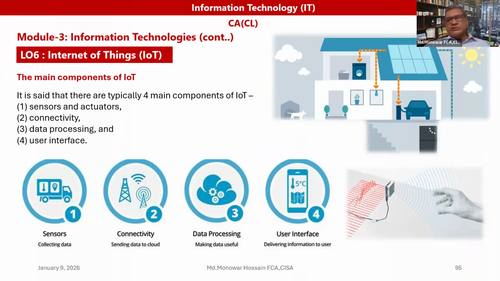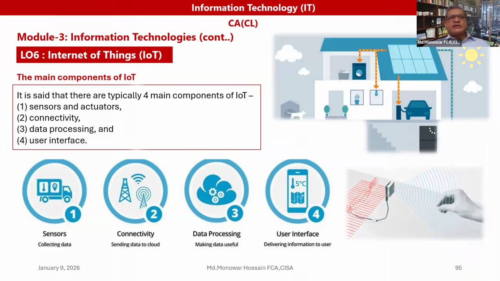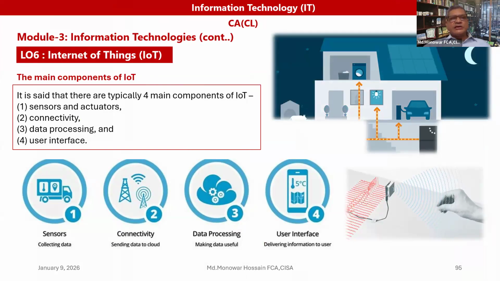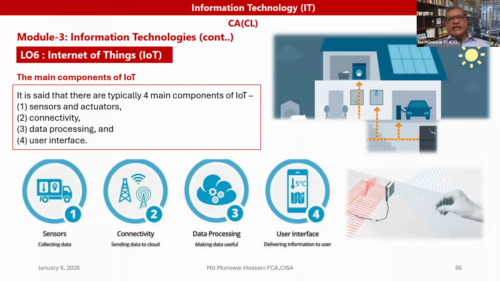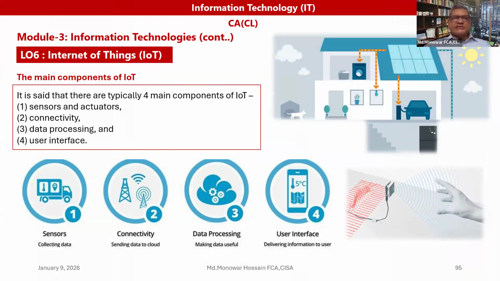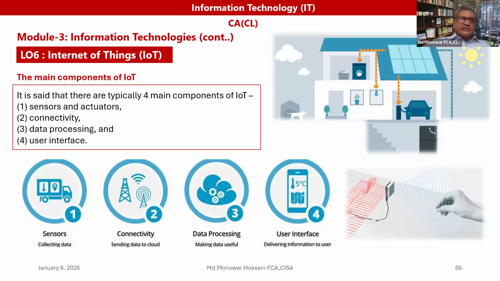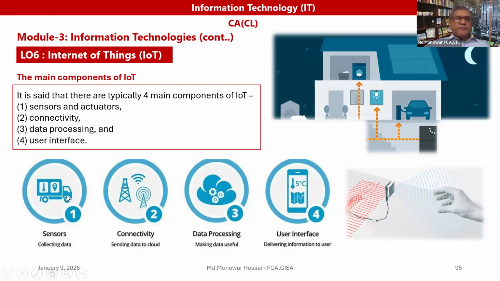So all sensors within IoT. If we see the components of IoT, we can divide them into 4 types: sensor and actuator, connectivity, data processing, and user interface. Four items are included in the Internet of Things. Sensor means collecting data.